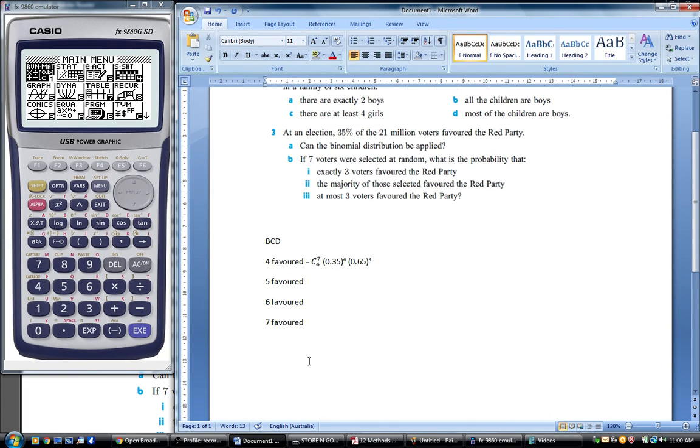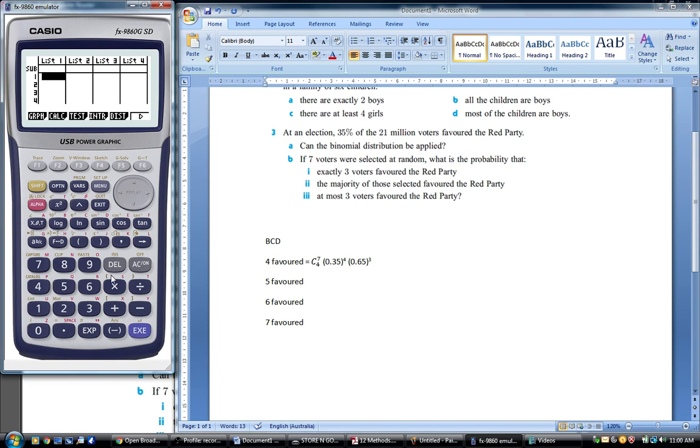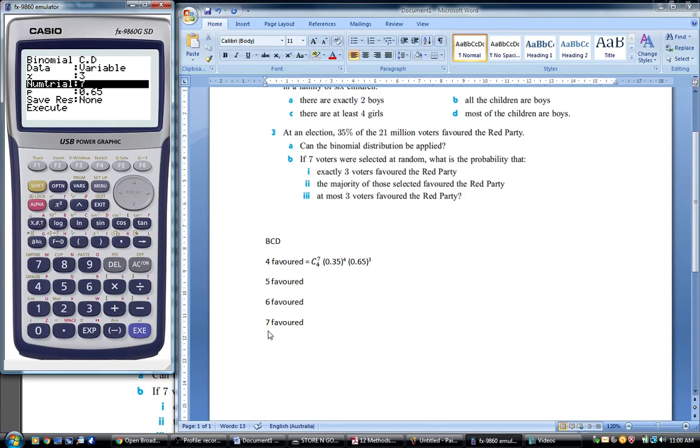So we're going to look at both circumstances. First, the more practical circumstance when we're just using the BCD function. In statistics, distribution, binomial, BCD, data is variable, number of trials is 7, because we're talking about 7 voters.